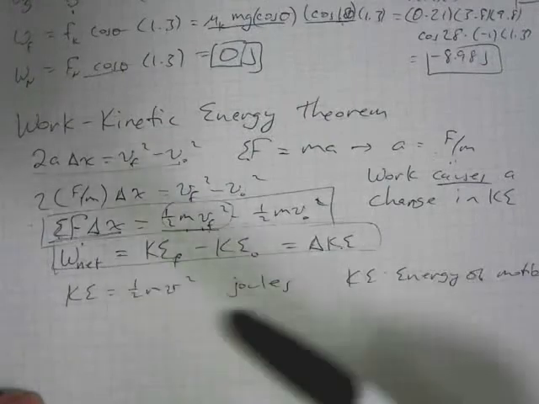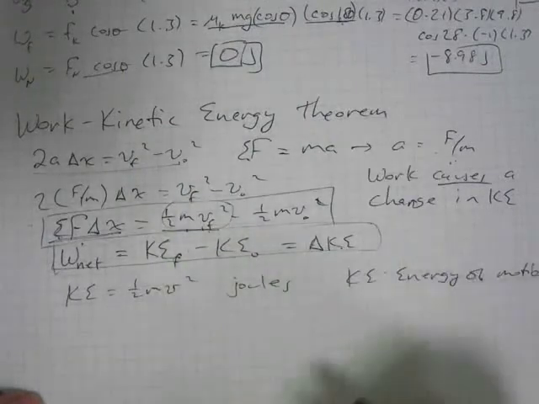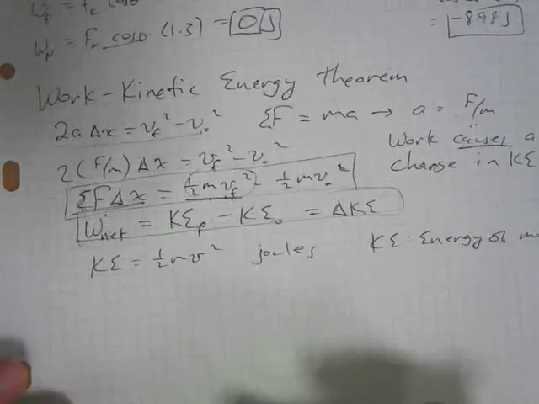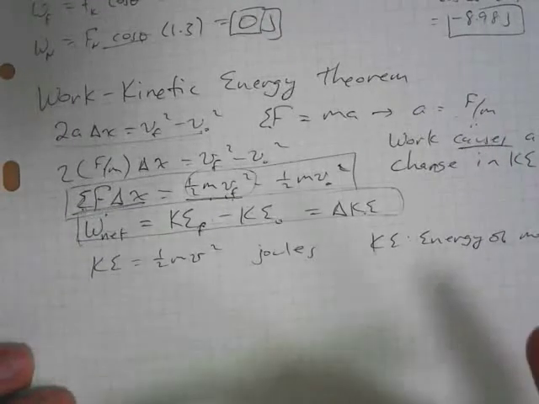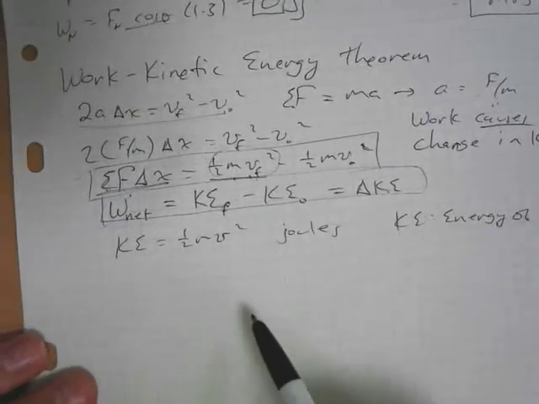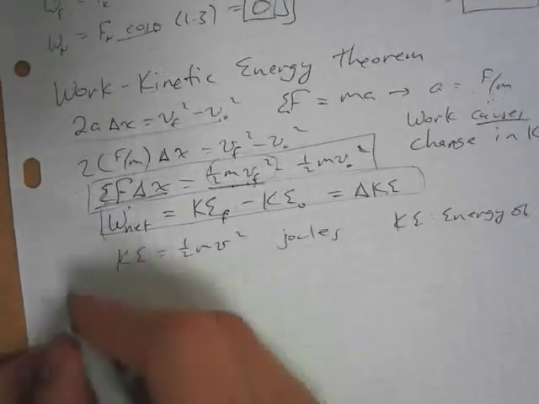And the work kinetic energy theorem is going to let us solve some problems that we could do using kinematics. And so is the full work energy theorem when we get there. So we can apply this to a lot of different problems to figure out the work done. Take a simple example.